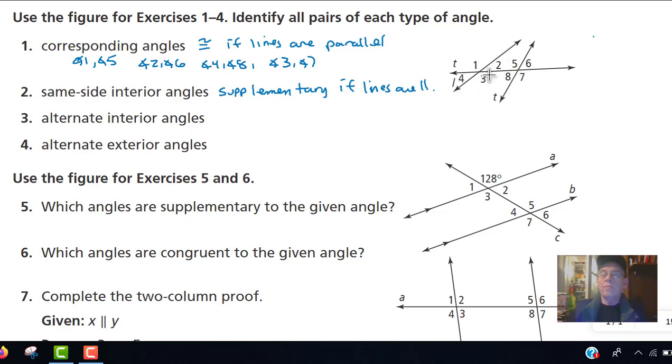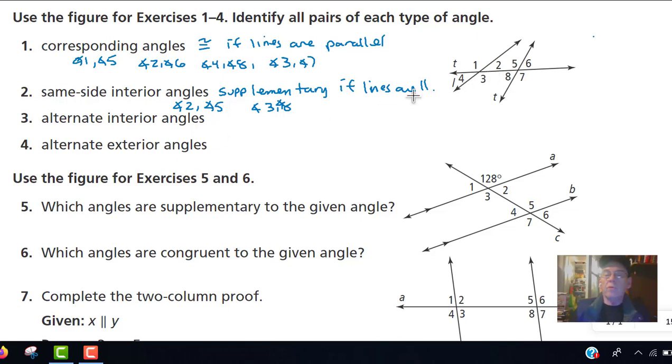These lines aren't parallel, but we can still say that angle 2 and angle 5 are same side interior angles, as are angle 3 and angle 8. So 2 and 5, same side of the transversal, inside the lines it crosses, same side interior. And 3 and 8, both on the same side of the transversal, both inside the lines it crosses, so that makes them same side interior on the other side.